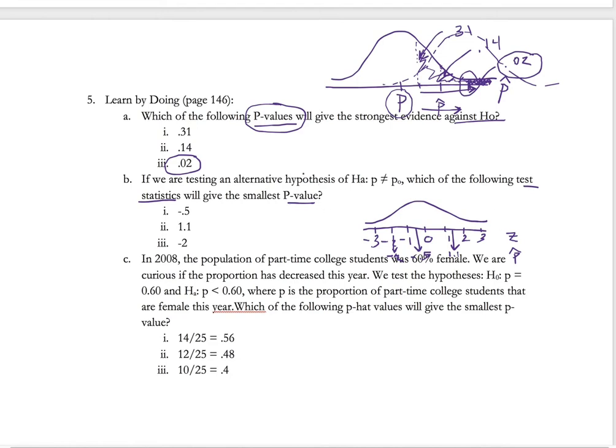Now, smallest p-value. The p-value is the area outside of your value. So if my value was here, the p-value is that area. If my value is here, the p-value is all this area to the left. If my value is here, the p-value is all that area to the right. Which of those has the smallest area? This location here of -2.